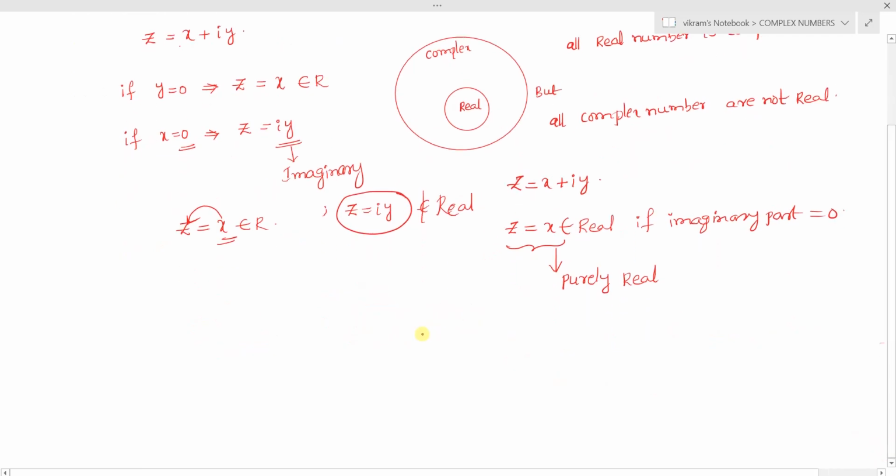If the real part of a complex number is 0, that means x equals 0. If x equals 0, then the complex number is iota times y, which is called purely imaginary.